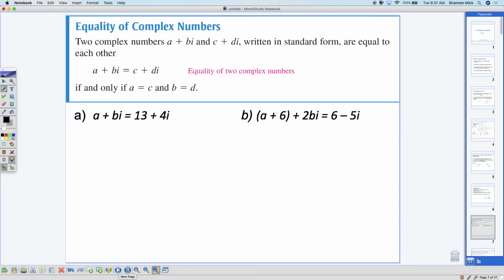Equality of complex numbers. If I have two complex numbers, a plus bi and c plus di, and I say a plus bi equals c plus di, I said b twice. Okay, think about this. If I'm saying these two things are equal, don't the real parts have to be equal? And don't the imaginary parts have to be equal? Well, I just said they're equal.